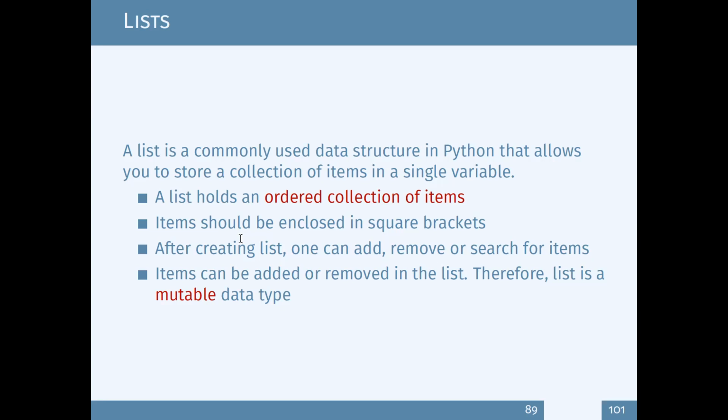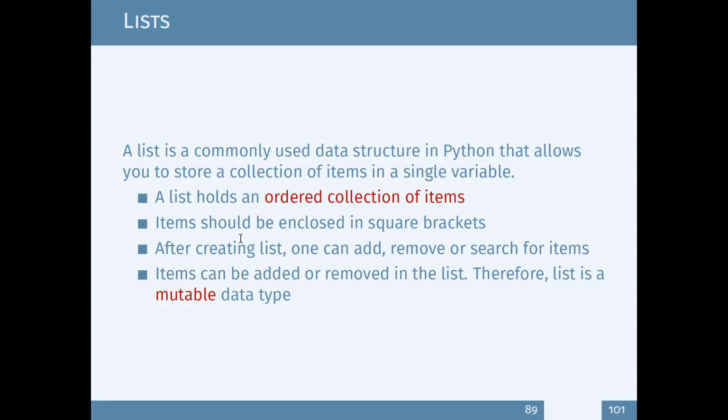But there are some properties you need to remember when you say list. Remember, lists are an ordered collection of items, right? So previously we said x equals 10, which we know assigns 10 to variable x. Now, similarly, we are going to assign a set of values.